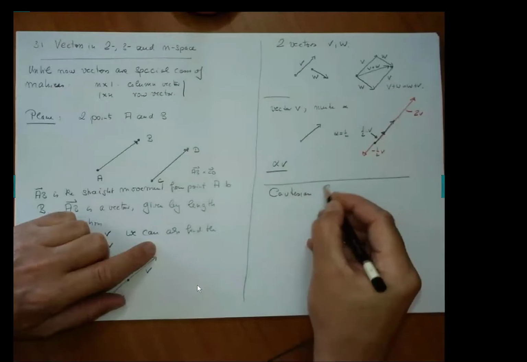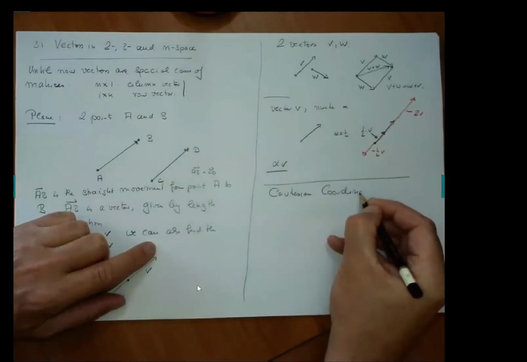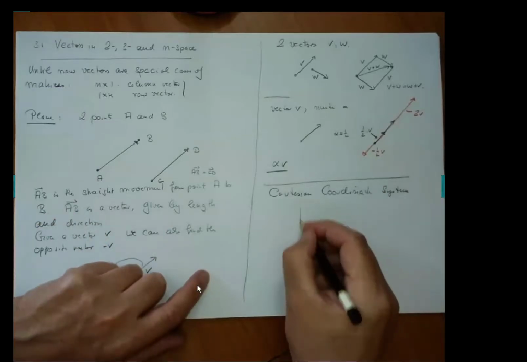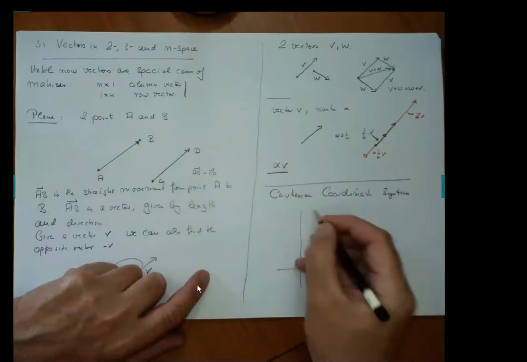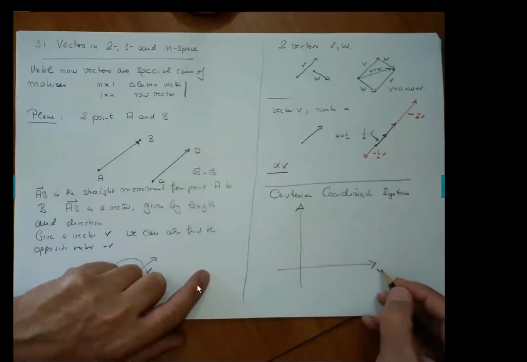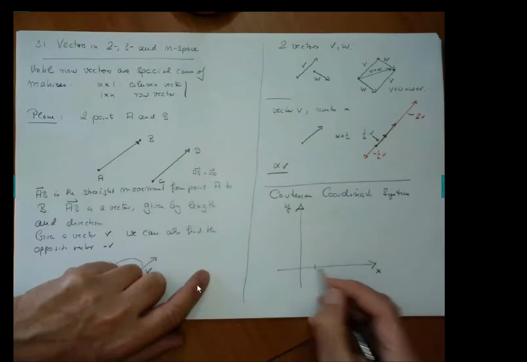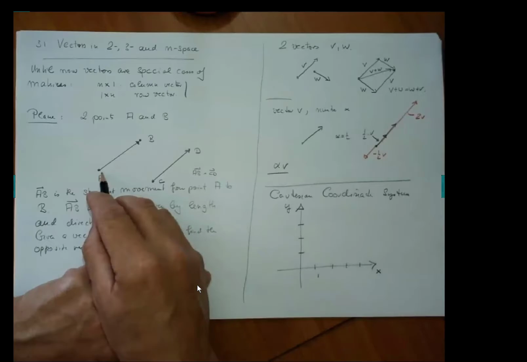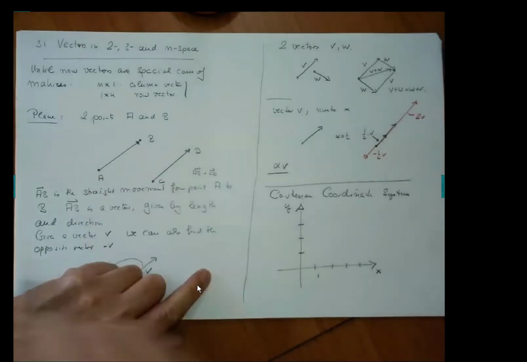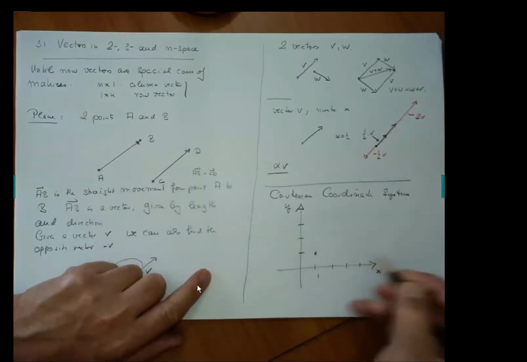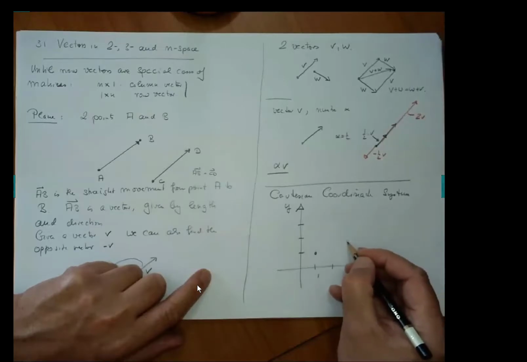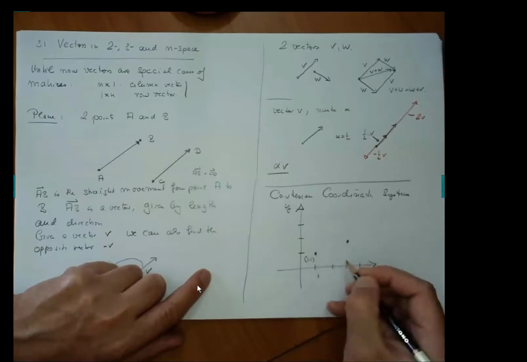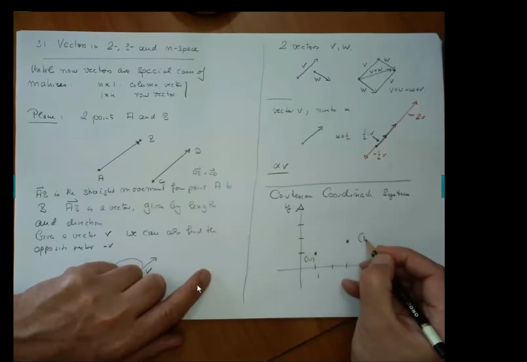So for example, in the plane, I cannot make pictures in 3 dimensions, but usually we would call this X and Y, and you have coordinates here. This is 1, 1. So suddenly a point is not just a point in the plane. A point has coordinates, like these points. This point would be 1, 1, meaning 1 in the X direction, 1 in the Y direction. This point would be 3, 2.